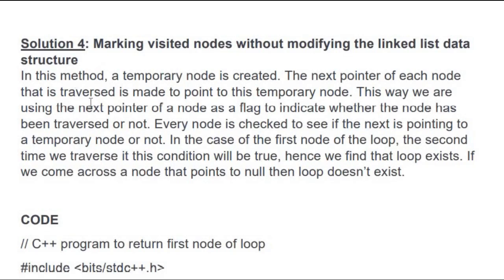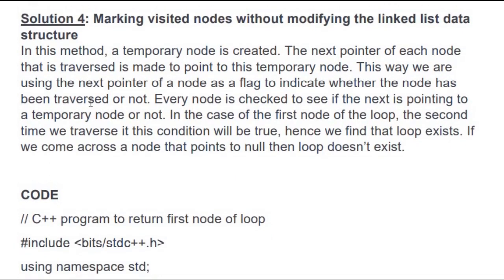In this method we will simply create a temporary node, and the next pointer of each node that is traversed is made to point to this temporary node. This way we are using the next pointer of a node as a flag to indicate whether the node has been traversed or not. Every node is checked to see if the next is pointing to a temporary node or not.